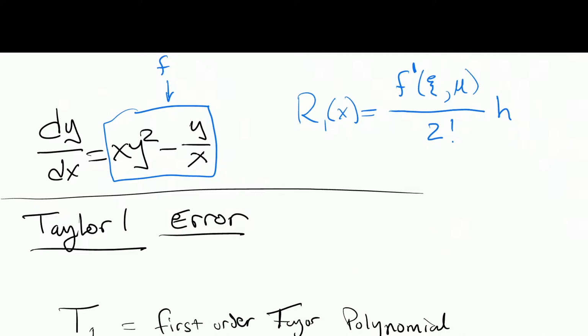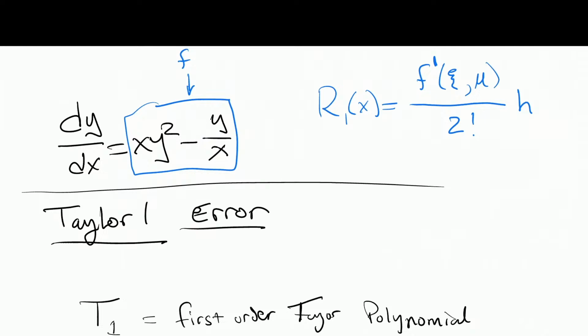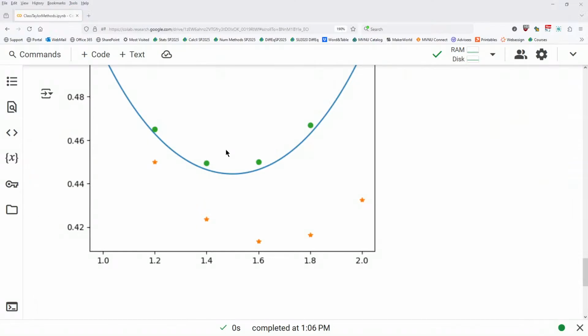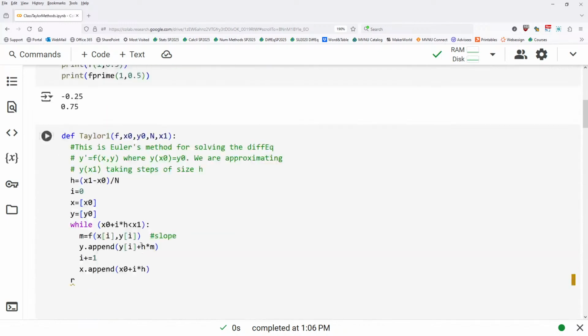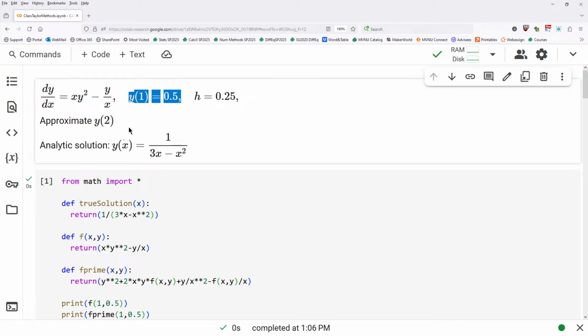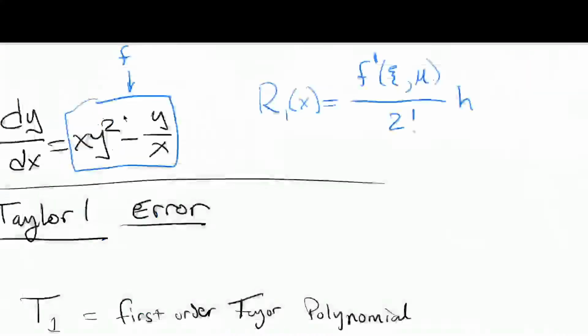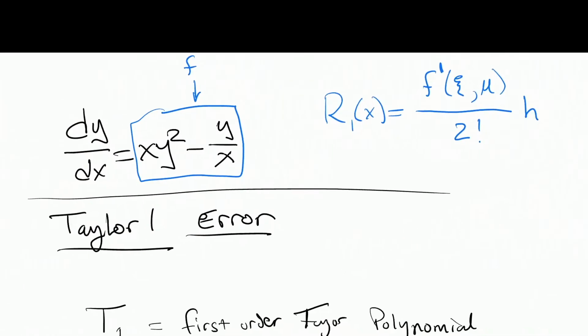So for this one, how far off could I be? So remember, we're starting at the point, what was our initial value here? Sorry, I got to remember, 1 and 0.5. Really? Is that what I started at? Oh, yeah, y of 1 is 0.5. Okay, so here, I need to move this down because I have all these extra notes. Copy.